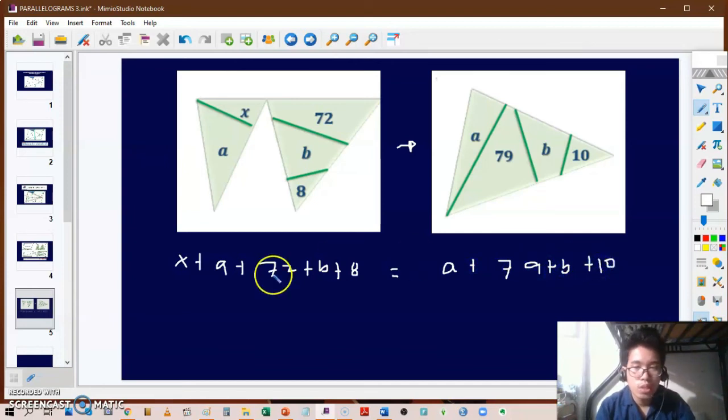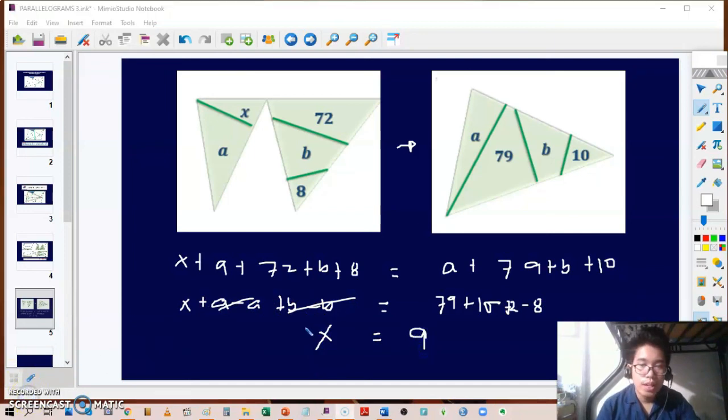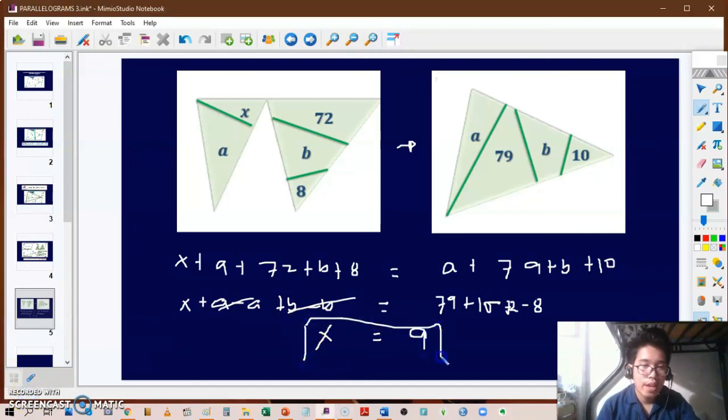And if we do our transpositions here, this will give you x plus a minus a, plus b minus b is equal to 79 plus 10 minus 72 minus 8. Therefore the a's cancel out, and x is equal to 9. Okay, so that's the value of our x here. So x is equal to 9.